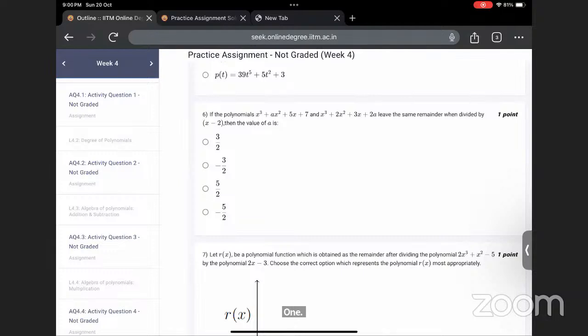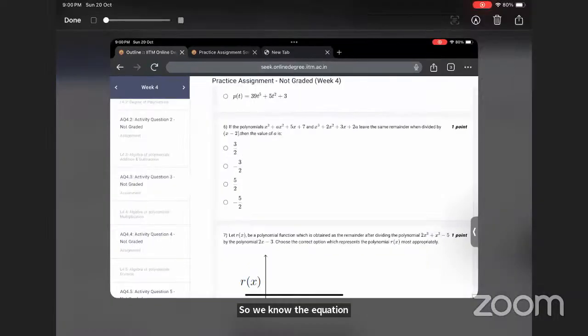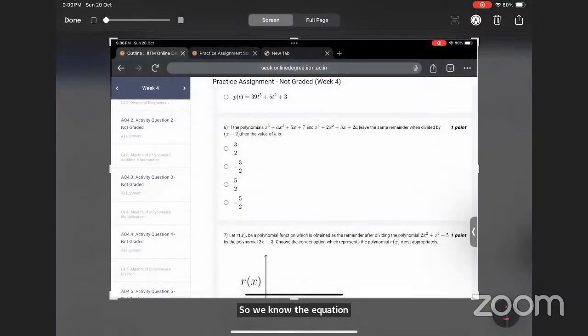We have to equate it, like the remainder is the same in both the cases, right? So we know the equation that means we will get, suppose this is our P1 and this is our P2.